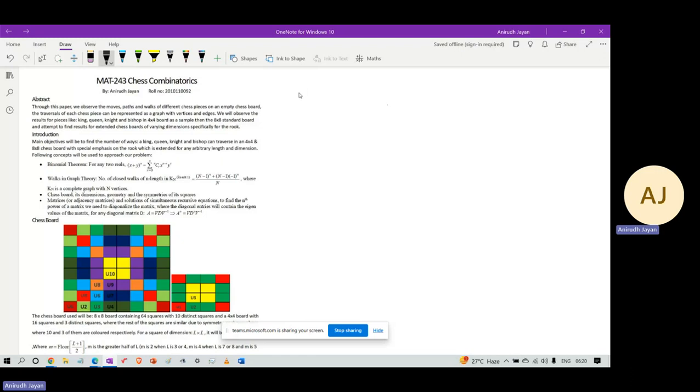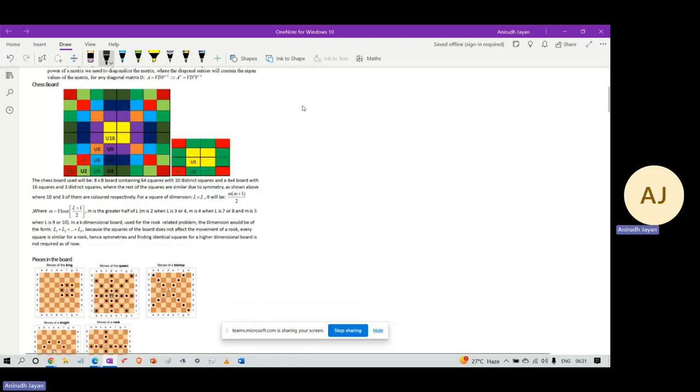Our main objective is to focus on the chessboard and the different chess pieces, the manner in which they move as the number of moves varies. We will also cover higher dimensional boards, say 2 or 3 dimensional, k dimensional boards, for the rook specifically.